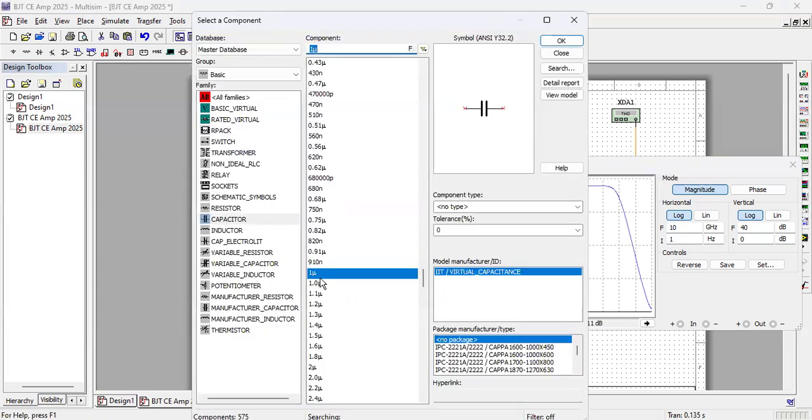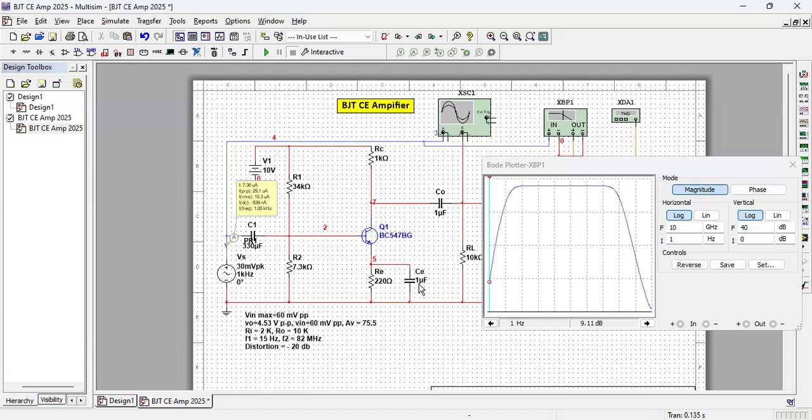Replace by 1 microfarad. This one is superimposing with the other 1 micro. Let me make it 1 microfarad. Right? See, lower end has got distorted. Upper end is still good. Lower frequency response has got distorted.